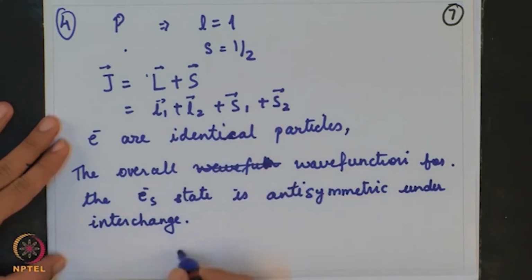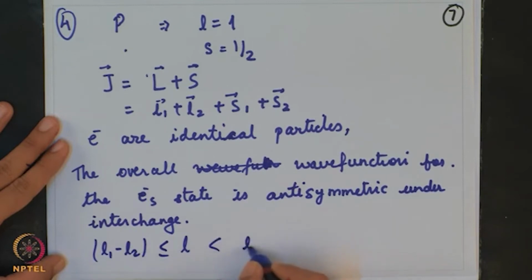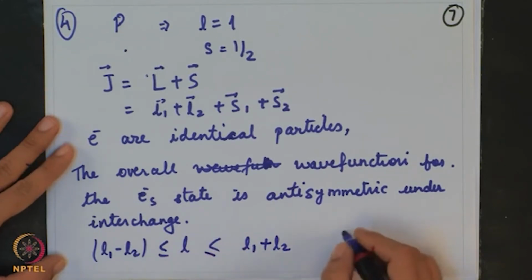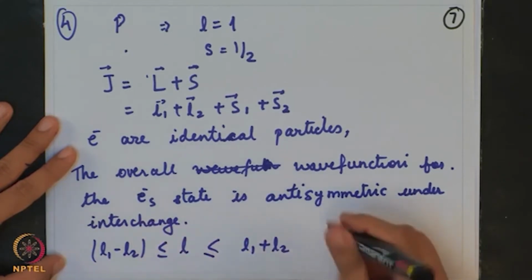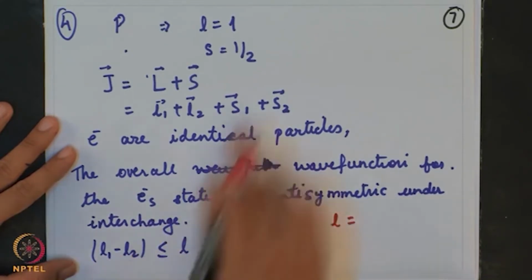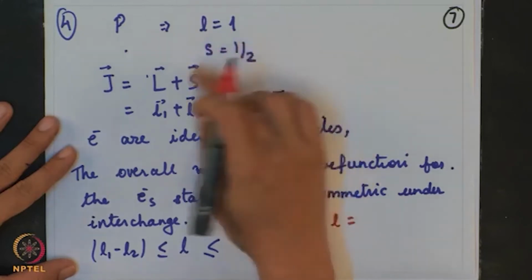So, L can take values from L1 minus L2 to L1 plus L2. So, L will have what values? L1 is 1, L2 is also 1.